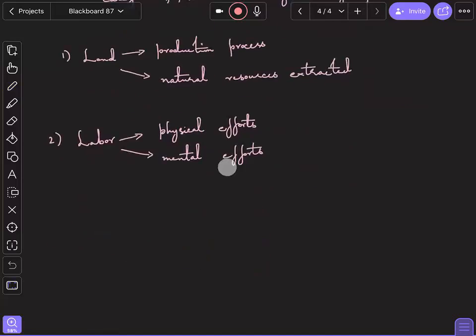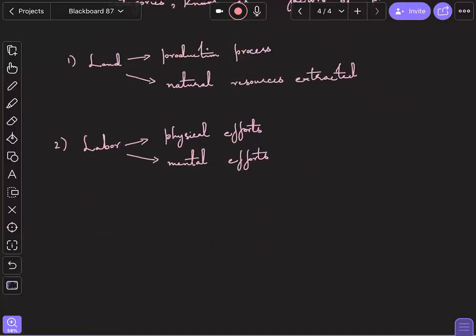The third factor of production is capital. There is a distinction between the terminology of capital that we use in economics and the terminology of capital that we use in accounting. In accounting, capital refers to the money invested, but in economics, capital refers to the manufactured resources or the manufactured goods that we can use in further production.